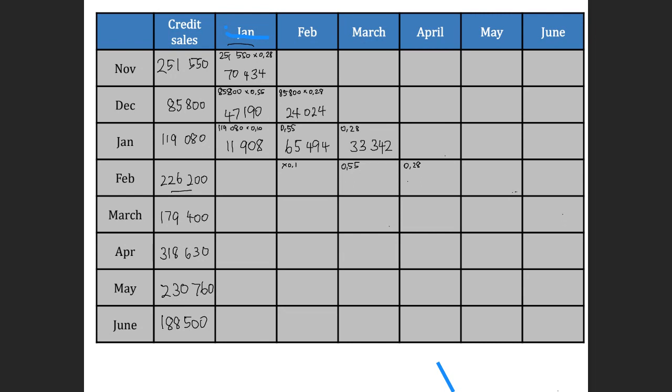So you'll work out those figures. That's 22,620 in Feb. In March, it's 124,410. And in the month of April, 63,336.